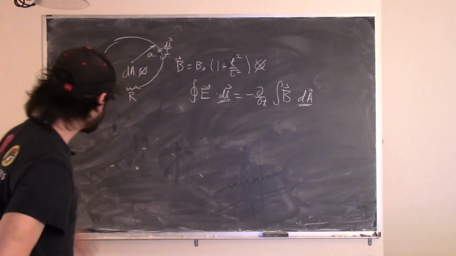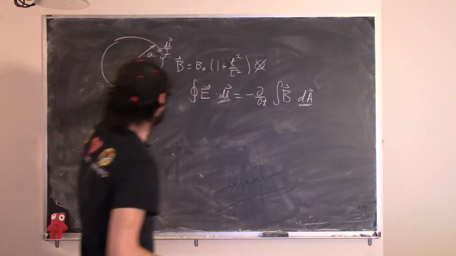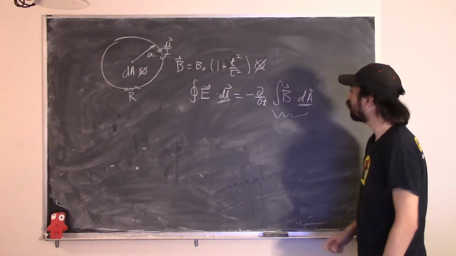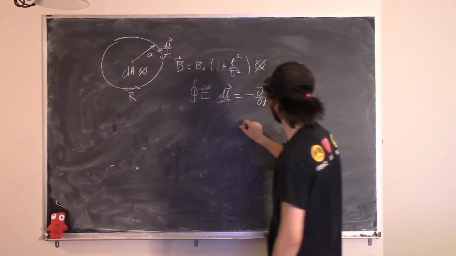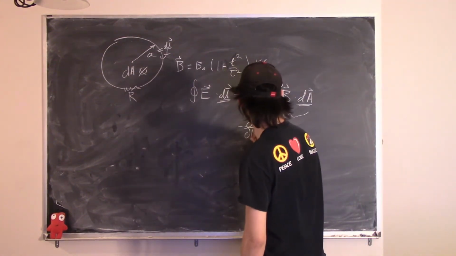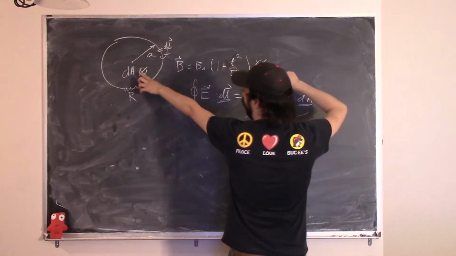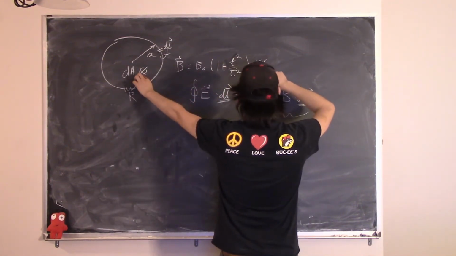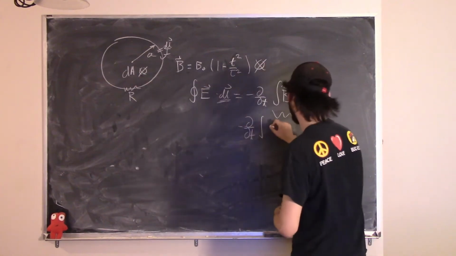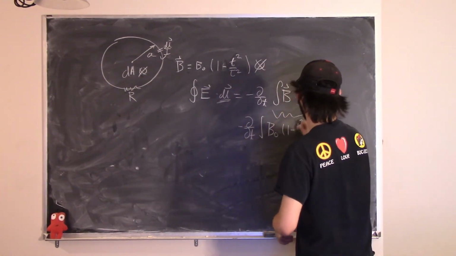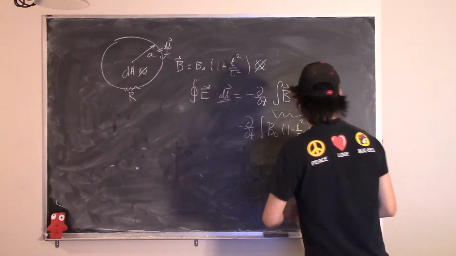Okay, so now that we have that, we can evaluate the right-hand side of Faraday's law. That's to say that this is going to be negative partial derivative with respect to time of the integral. Now when I take this dot product, because this is going to go in and this is going to go in, this is just going to be B0 times 1 minus t squared divided by tau squared times dA.